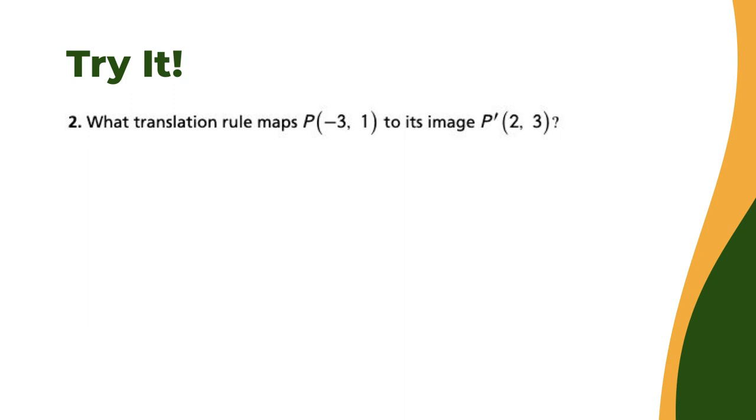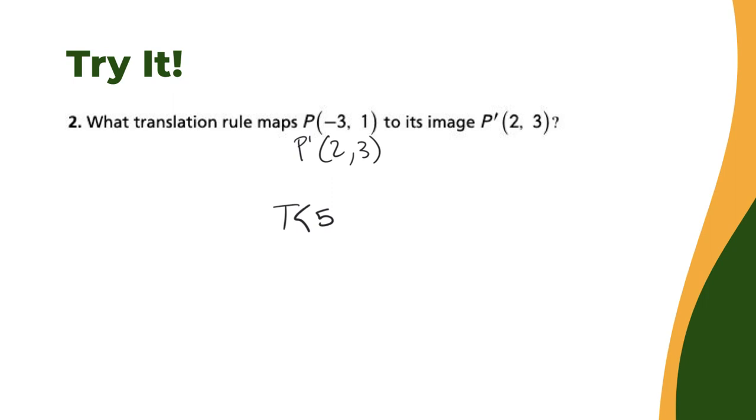Okay, so if I'm going to go from P to P prime at 2, 3, I have to think about how I'm moving. So from -3 up to 2, I have to move 5. So my transformation is going to start by moving to the right 5.